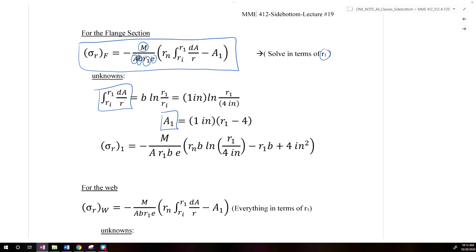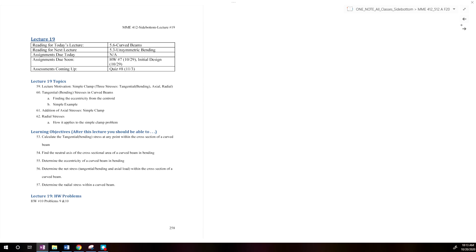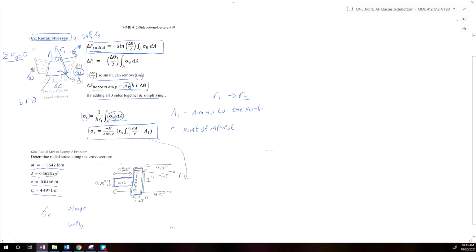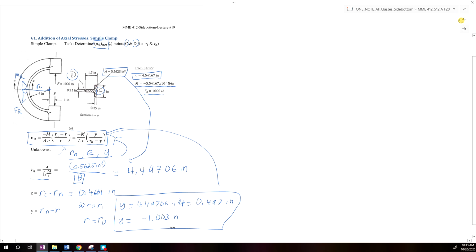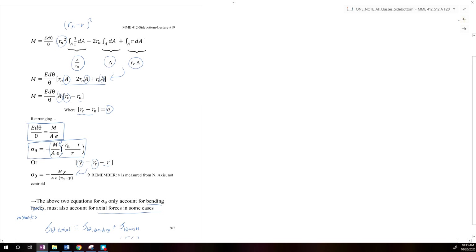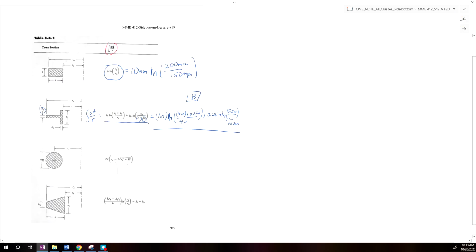This first integral from Ri to R1, if we go back to our sheet and go to page 265, we have our integral of dA over R, just for the flange section.